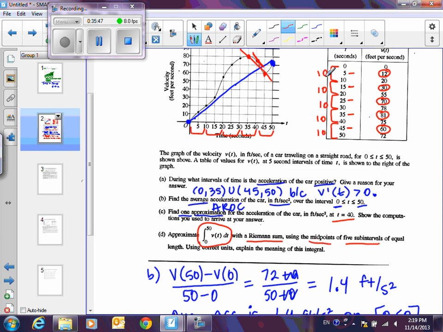And if this is overly confusing to you, then you're going to have to go through and draw it out. I wanted to encourage you to try this without because you're not always given the picture. I'm trying to find the area of these 5 rectangles.